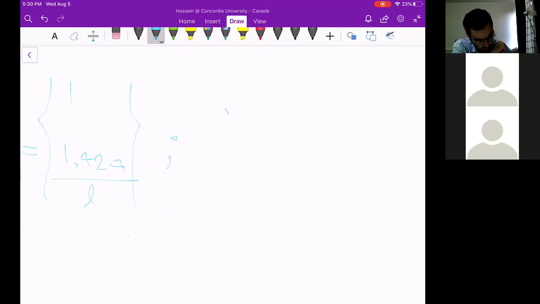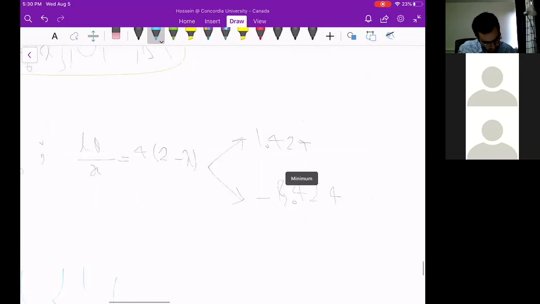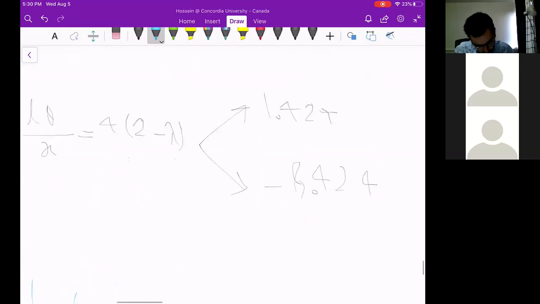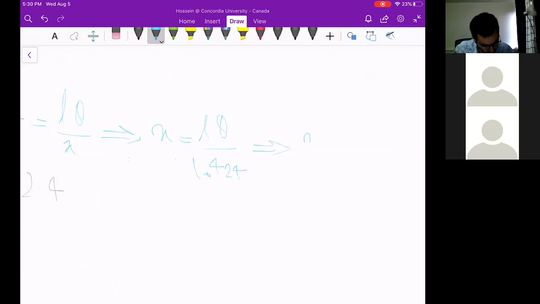The second mode: here you just have theta, because this is the ratio of L theta over X, therefore X is L theta over 1.424, therefore X over theta is L over 1.424.